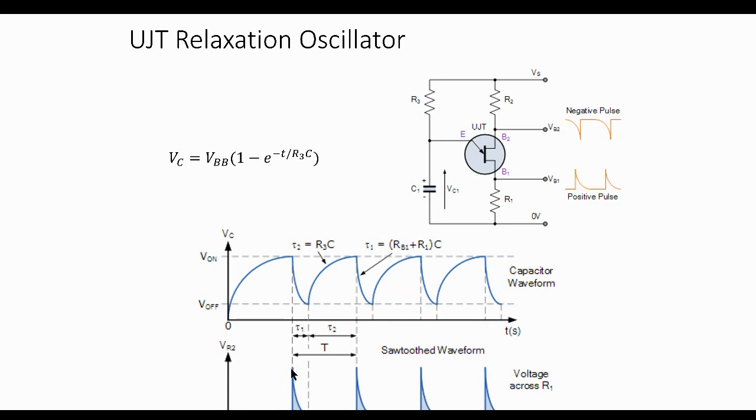Thereafter, as the capacitor discharges and the voltage at the base is not sufficient to keep it in the conduction state, you notice the voltage decreases exponentially. So that is what is happening here.